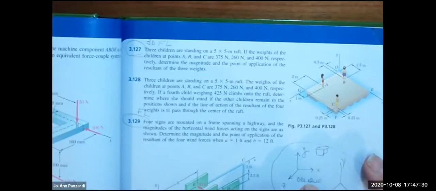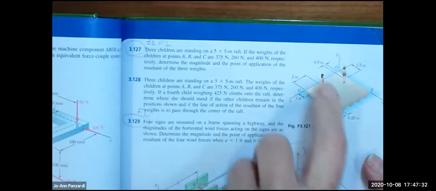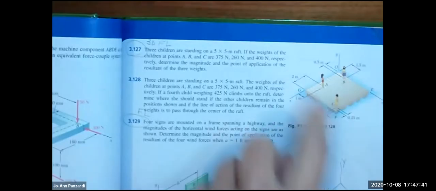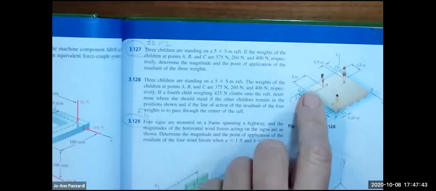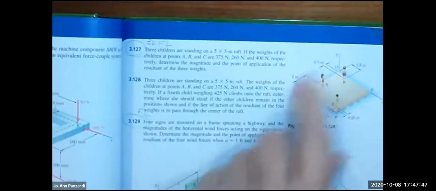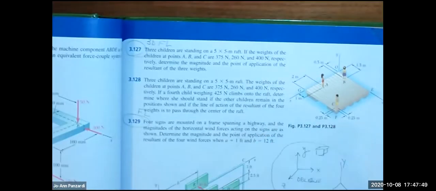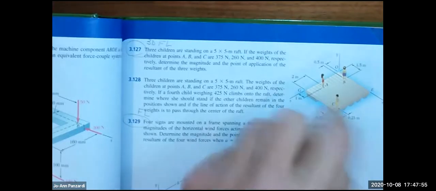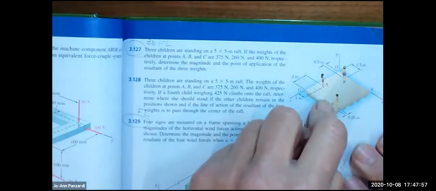Force location. Correct. So what's the first thing I have to do? Find the resultant force. Find the resultant force, which in the end is going to be what? You would have to add up all three weights going down. Right. And now I have to find the resultant moment, right? In both these problems. So, let's see, Myra.